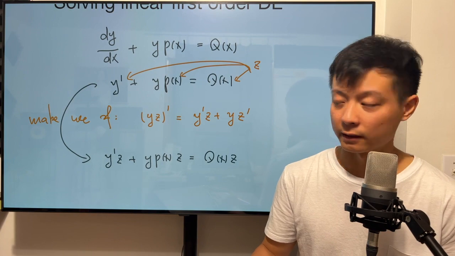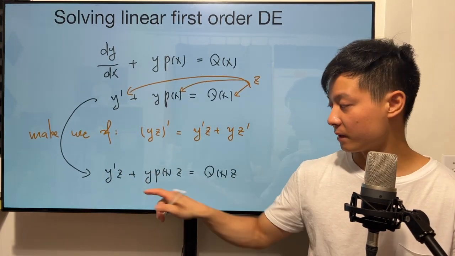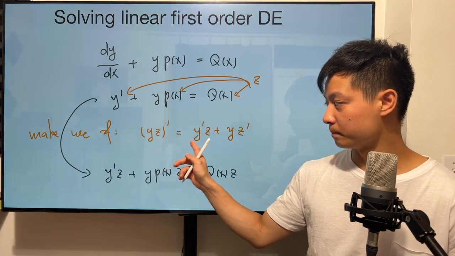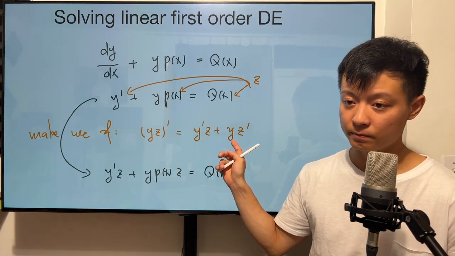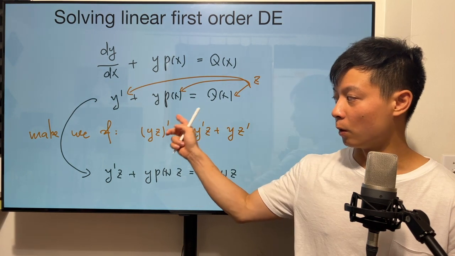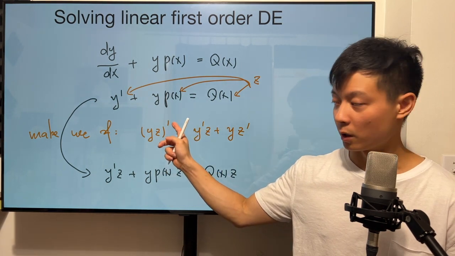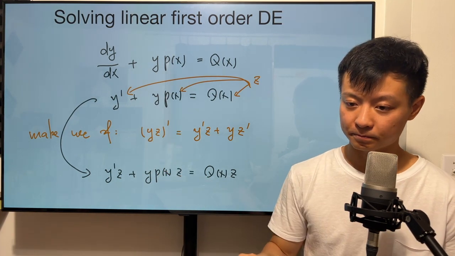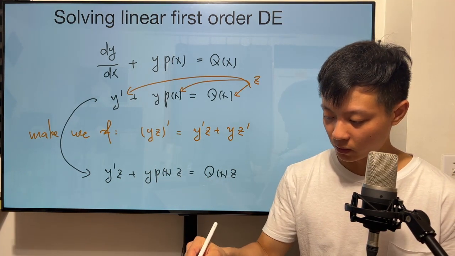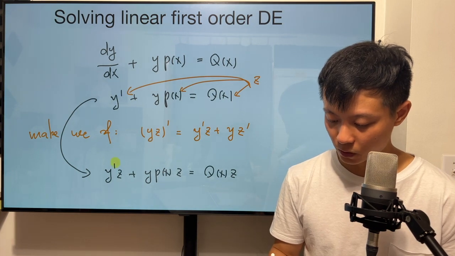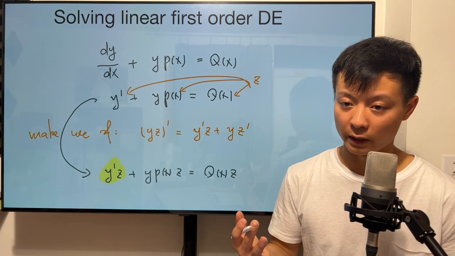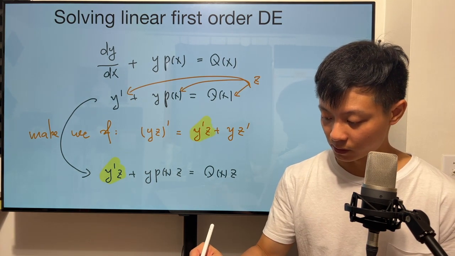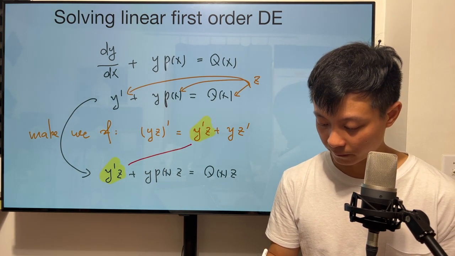We're hoping that our left-hand side expression here will look exactly the same as the expression in the product rule, so that it can be transformed into the derivative of this product yz. So if we compare the first term in our left-hand side with the first term here, we see that they have already matched.